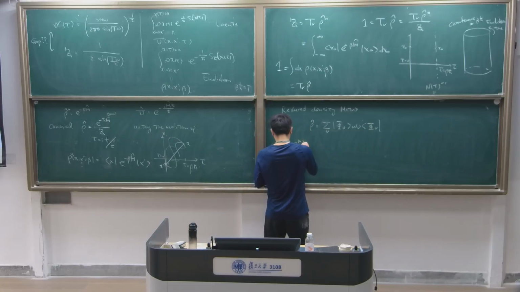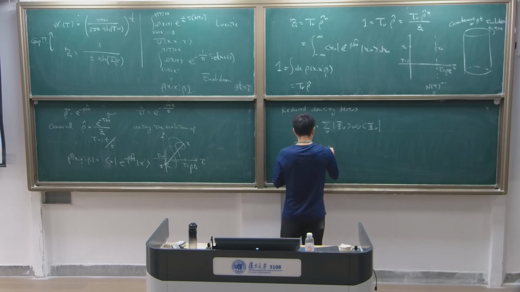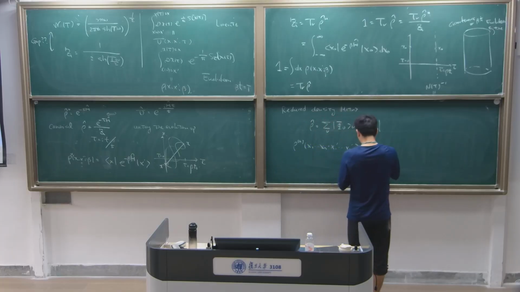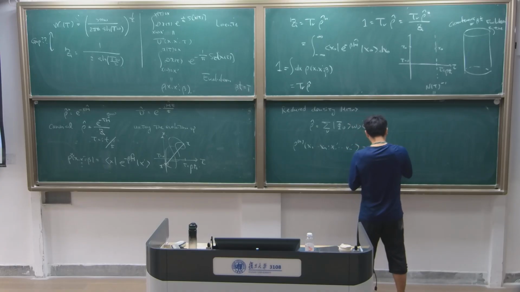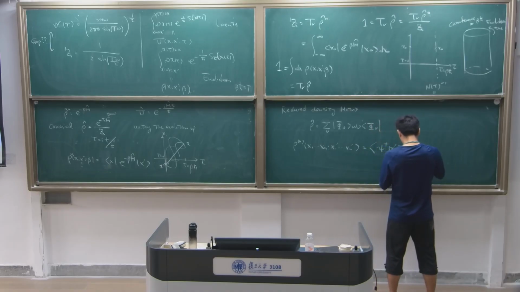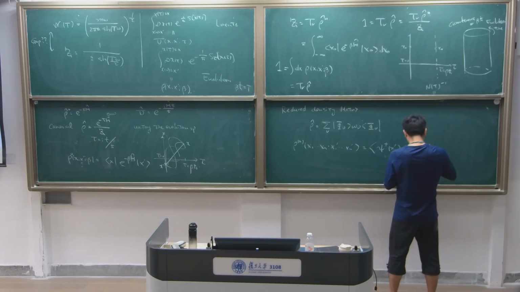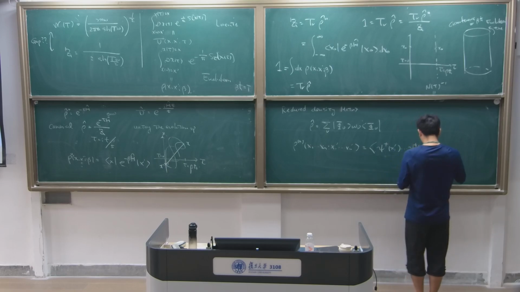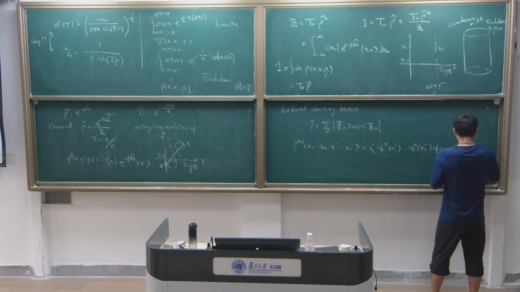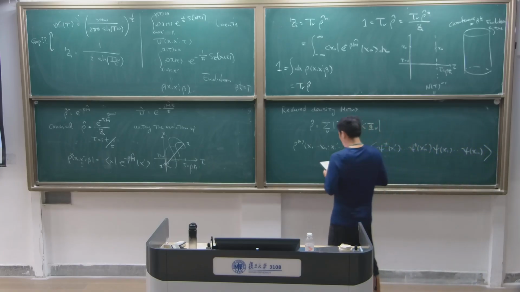Rho of n, x1 through xn and x1 prime through xn prime, is just the expectation value of this operator.